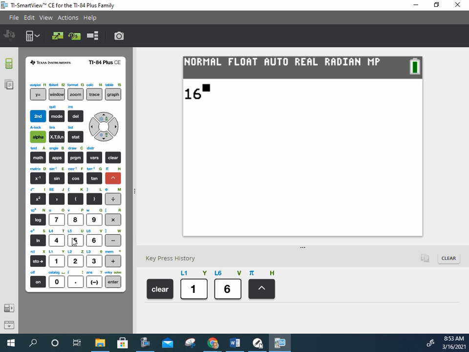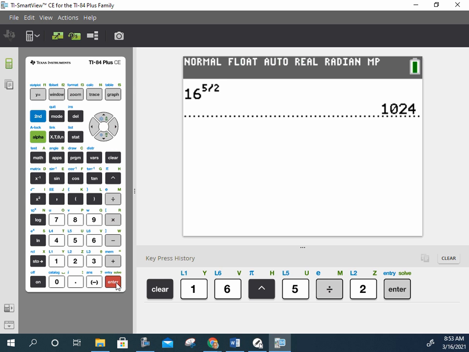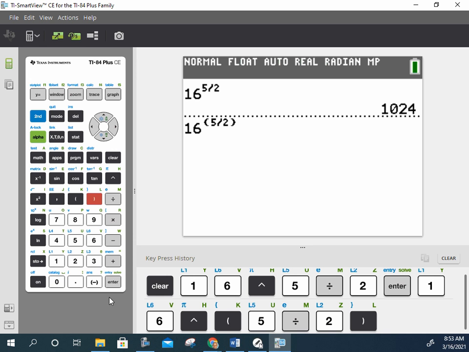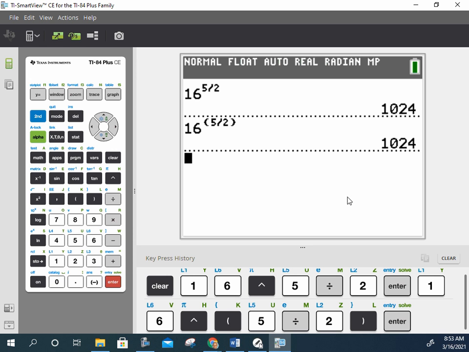So you can put in 5/2, and then it'll give you your answer. If you have the older model calculator, then after you use the exponent key, make sure you put your exponent in parentheses. Either way it goes, you should get the same answer, which is 1024.